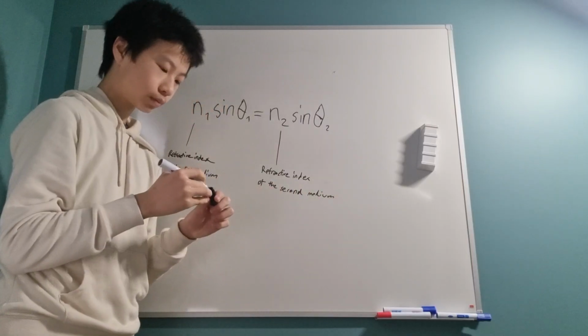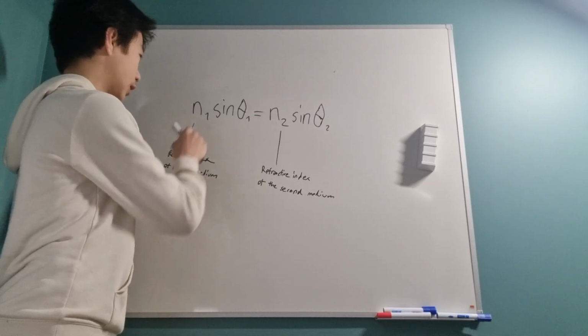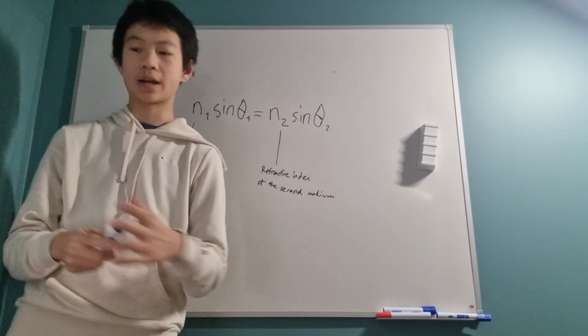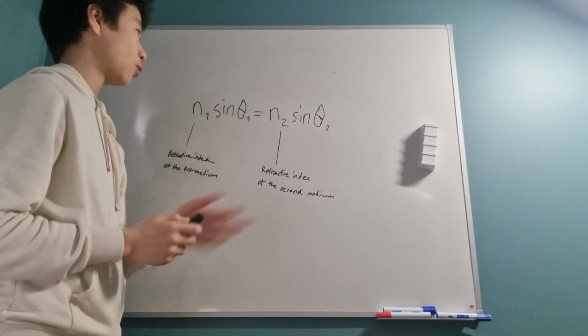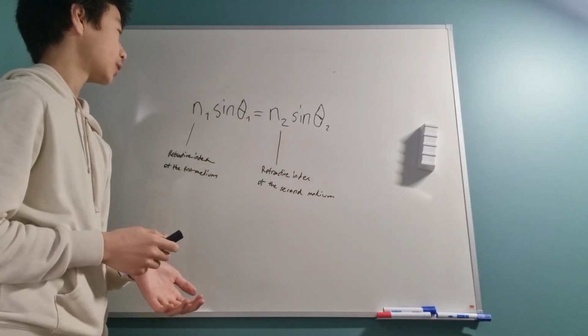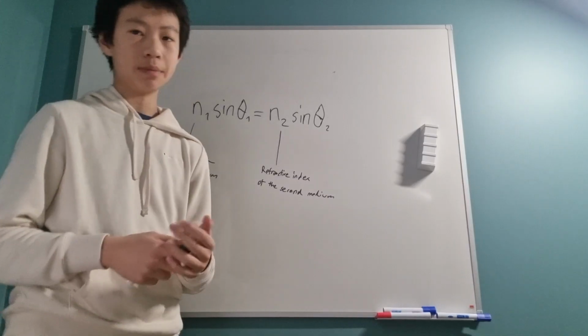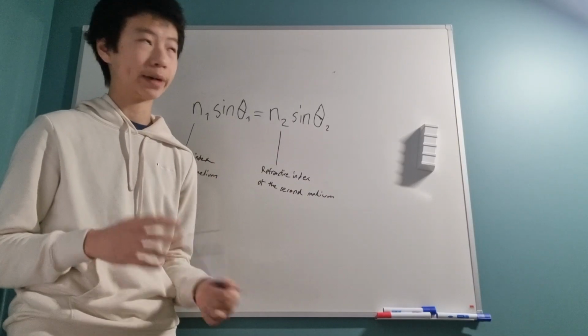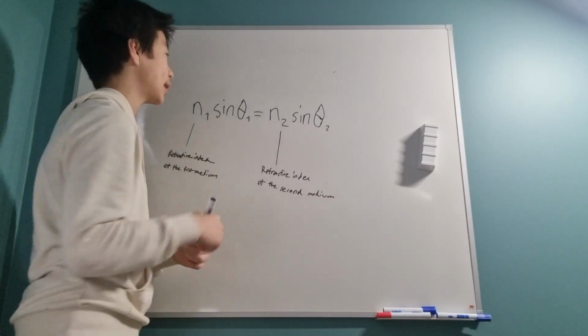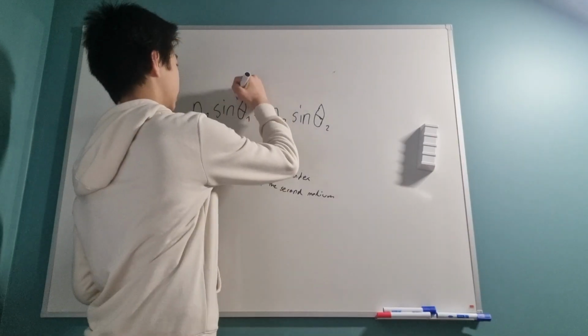Okay, so this is the refractive index of the first medium, and this is the refractive index of the second medium. And then you might be wondering what theta is. Theta in this case means the refracted angle, which we previously explained.